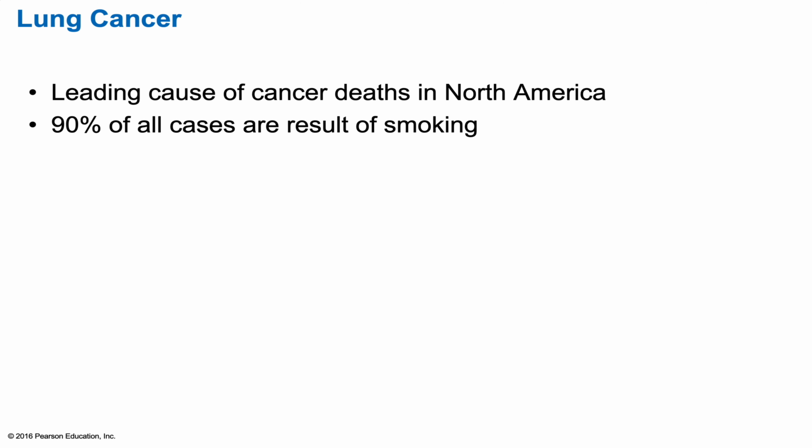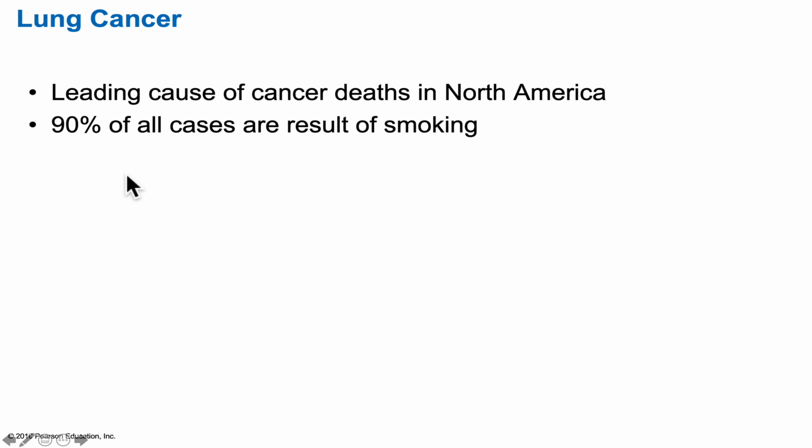Lung cancer is the leading cause of cancer death for both men and women throughout the world, specifically in North America. It kills more people every year than breast cancer, prostate cancer, and colorectal cancer combined. It's a tragic thing because lung cancer is largely preventable.